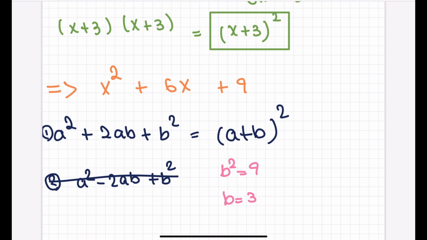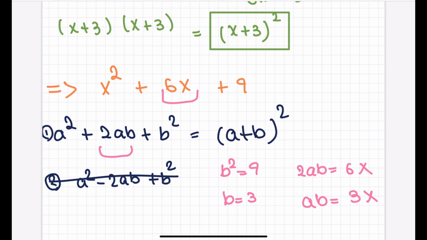Regarding the a, take a look at this. 2ab equals 6x. But I want my ab, so I'm going to divide both sides by 2. So it's going to be ab equals 3x.